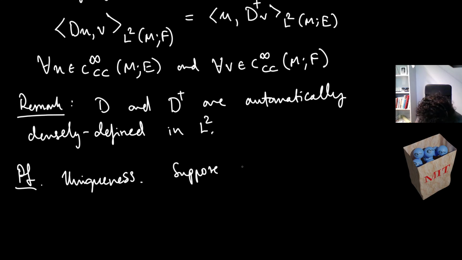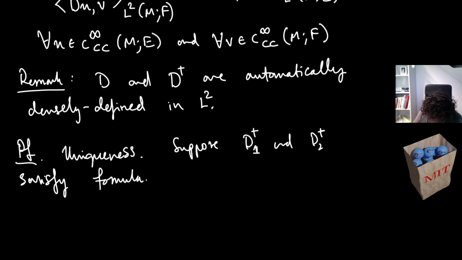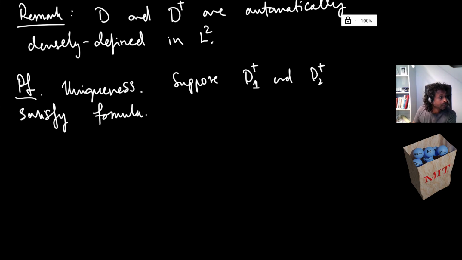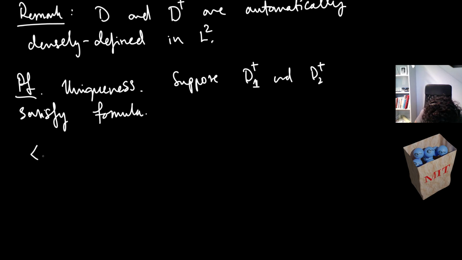Suppose that D1 perp and D2 perp satisfy this formula. Okay. So if I look at the difference then, U D1 perp V minus U D2 perp V, everything is nice and linear, so I won't write the inner product here when it's clear.